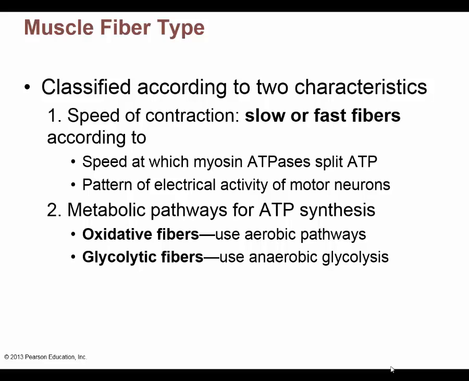Oxidative fibers generate lots of slow ATP. Glycolytic, this is where you're going to have more of the sprinting. They can use that anaerobic process, make lots of ATP quickly, but they're not really efficient for going long term.